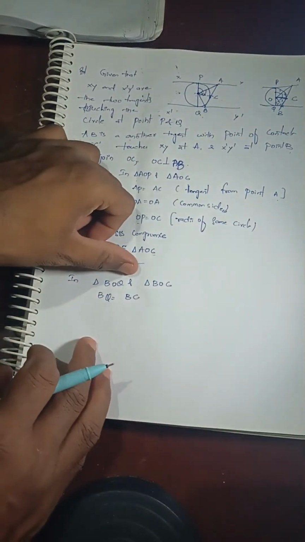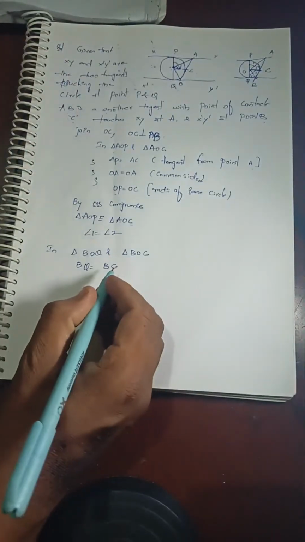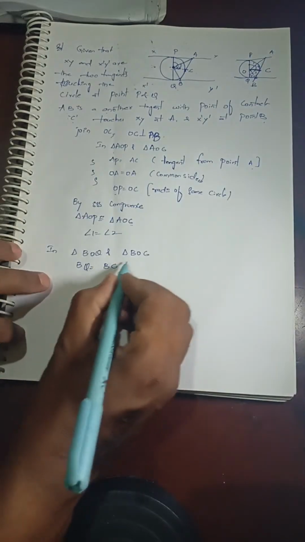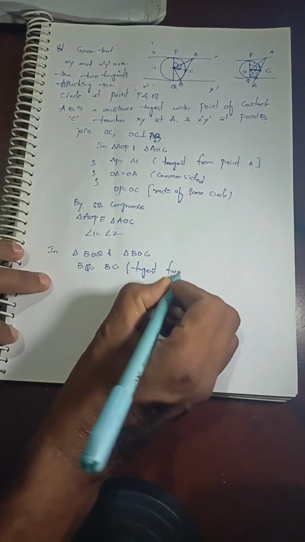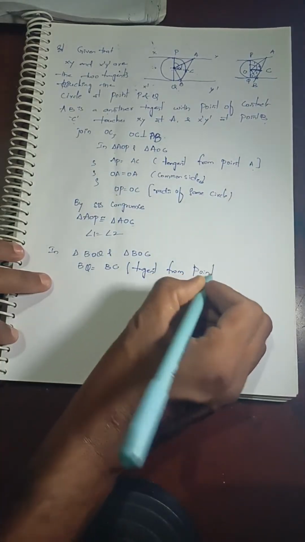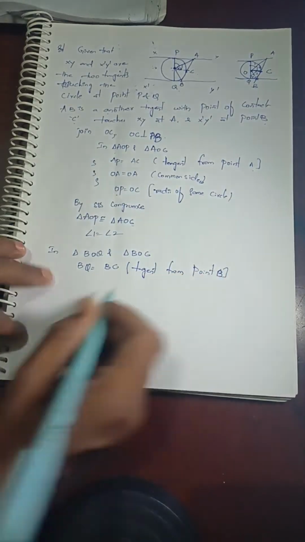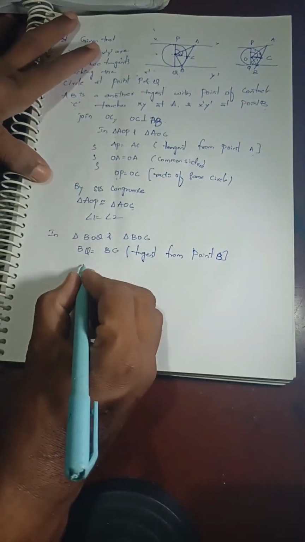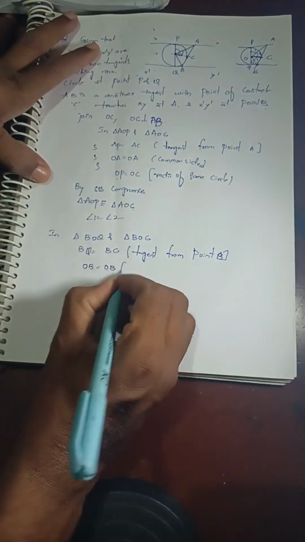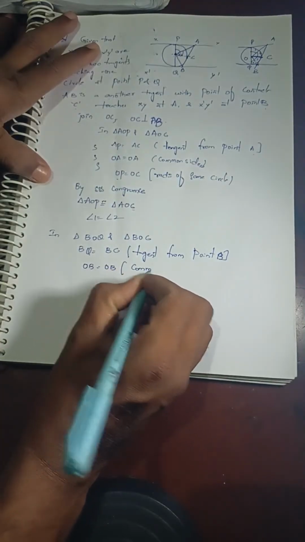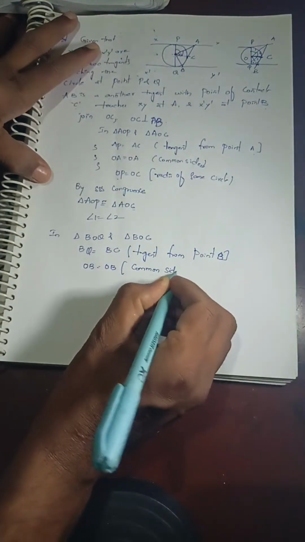In triangles BOQ and BOC, we get the same thing. BQ is equal to BC. Why? Because they are tangents from point B. Here what is the common thing? OB is equal to OB, which is a common side.